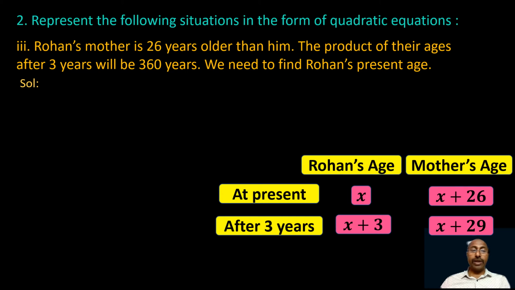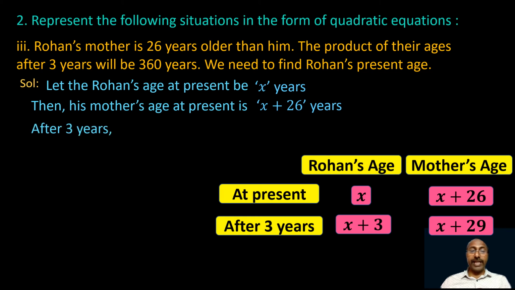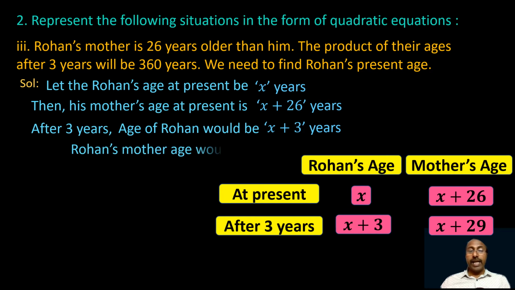Okay, so now let us write: let Rohan's age at present be x years. Then his mother's age at present is x plus 26 years. After 3 years, the age of Rohan would be x plus 3 years, and Rohan's mother's age would be x plus 29 years.